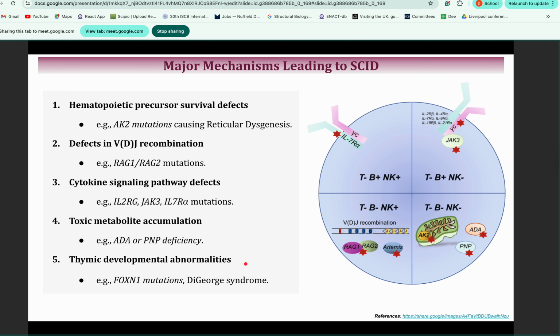Thymic developmental abnormalities: if the thymus is not properly developed, then T cells cannot get properly matured. So FOXN1 mutations and DiGeorge syndrome are responsible for improper development of the thymus, due to which the T cells do not get matured and hence it leads to SCID. Yeah, so this is what is mentioned here.